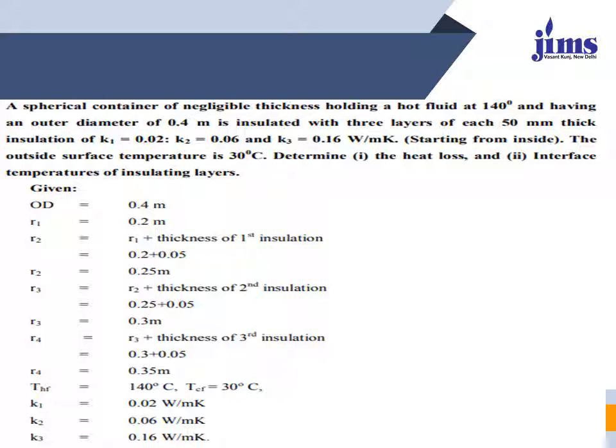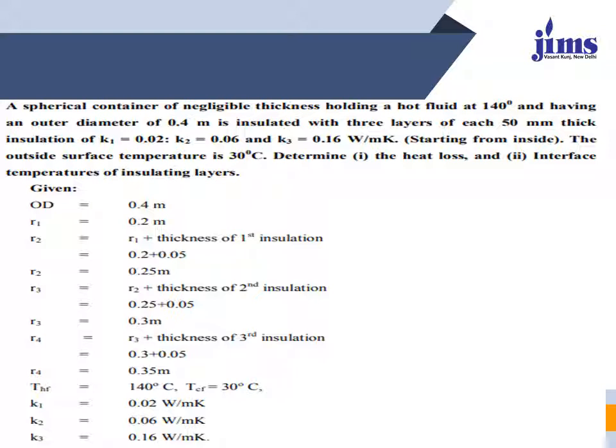So this is a problem which is related to a spherical container. So the given data are, the outer diameter is 0.4 meter, therefore the radius is 0.2 meter. The radius of outer surface, this is R2, is equal to R1 plus thickness of insulation of first layer.